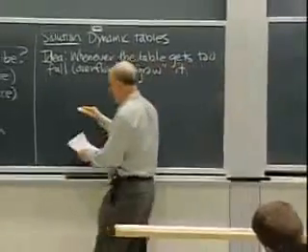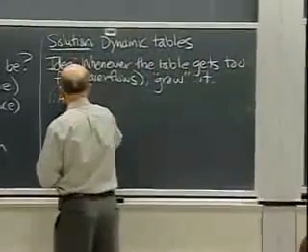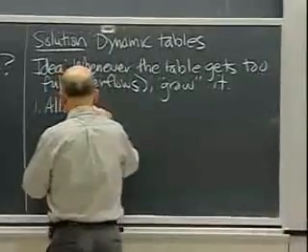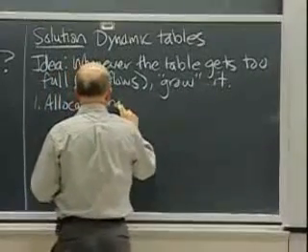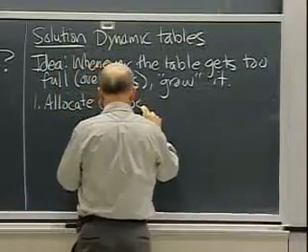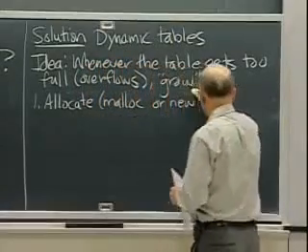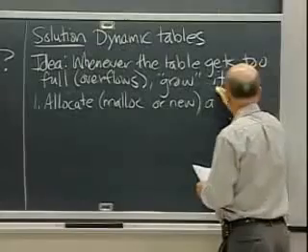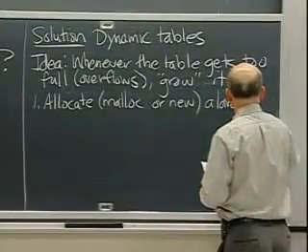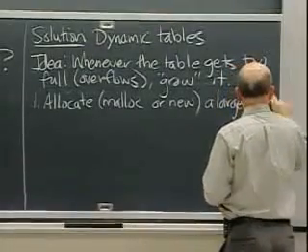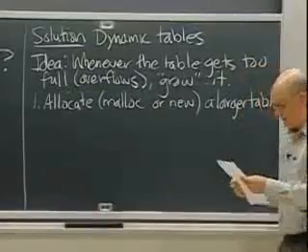So the way we do that is we allocate, using, in a language like C, malloc, or in a language like Java, new, a larger table. So we create a larger table.